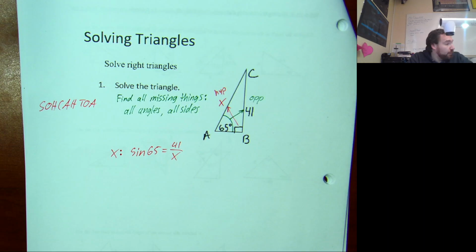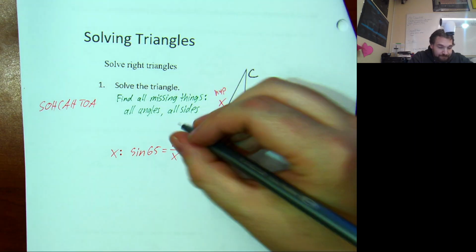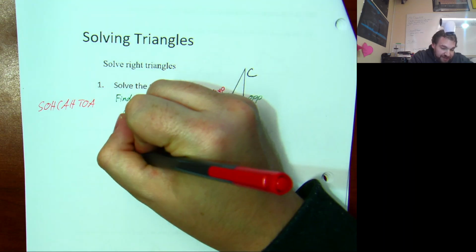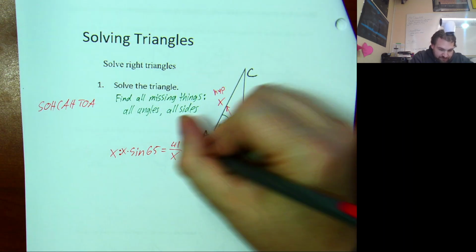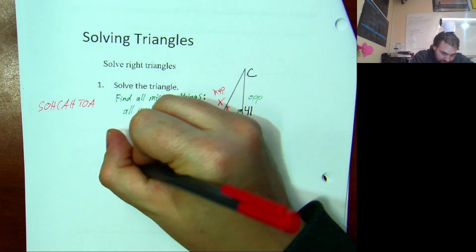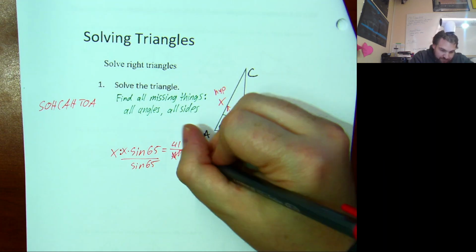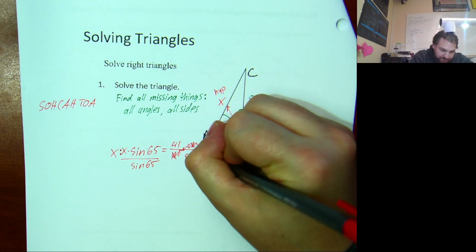So, let's solve it. What is X? How do I do this? Multiply X by both sides. Multiply X on both sides, okay, and then? Divide the entirety by sine 65 on the other side, cool.